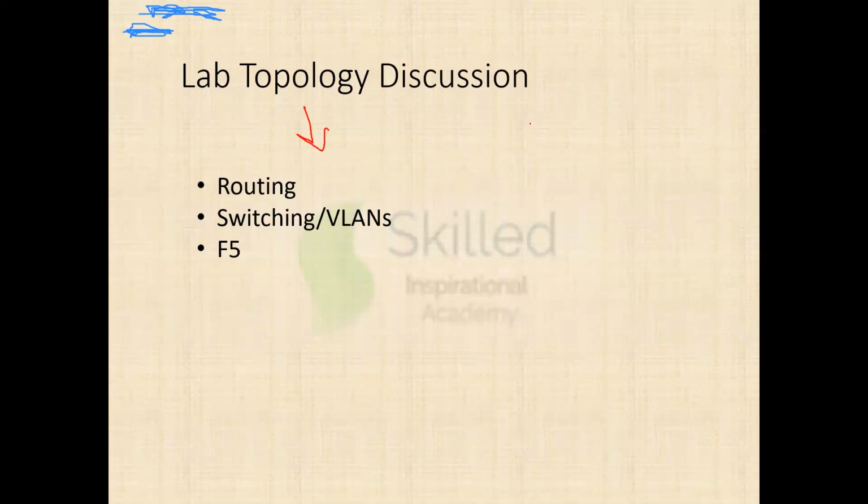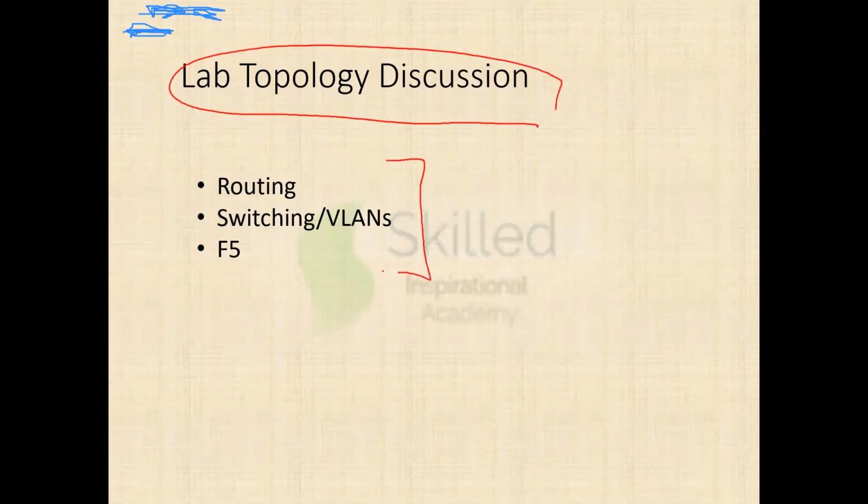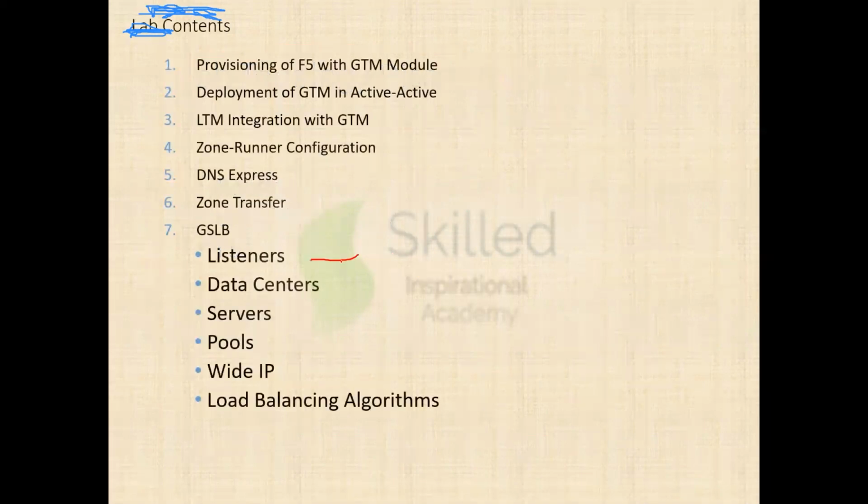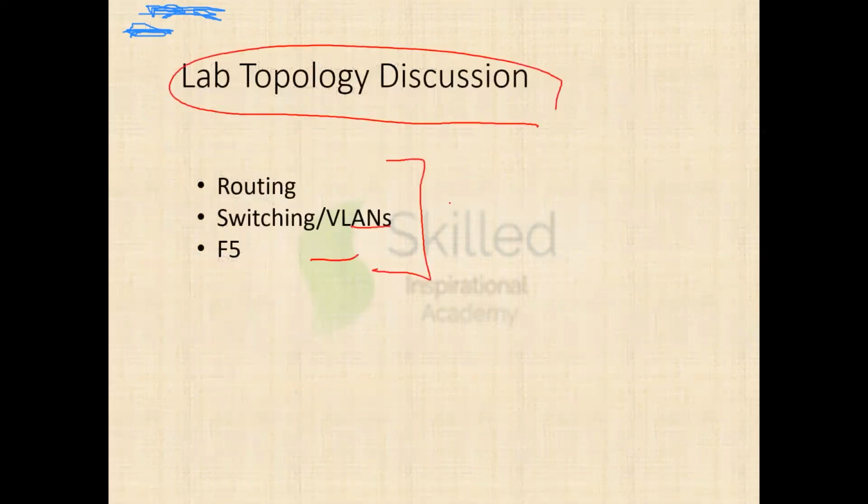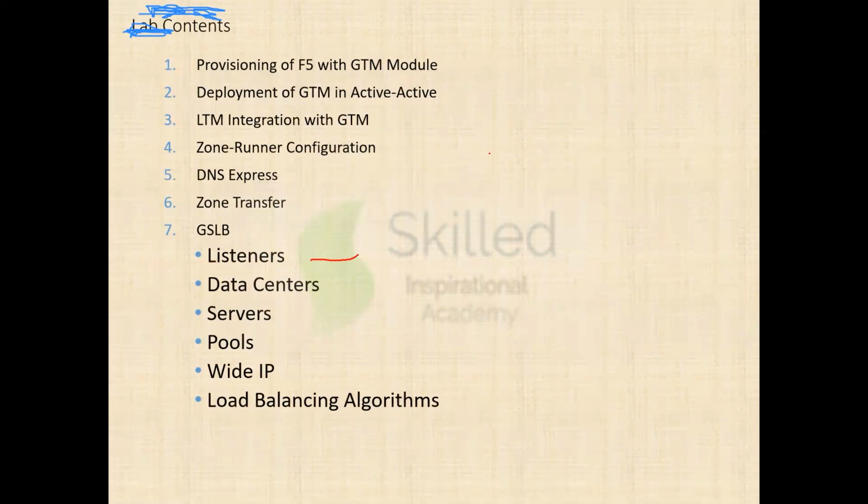So now let's discuss the GTM lab topology, like how routing and switching are configured in your lab topology. In the lab, we will see different topics like how to provision F5 with the GTM module, how to deploy GTM in active, LTM integration with GTM.